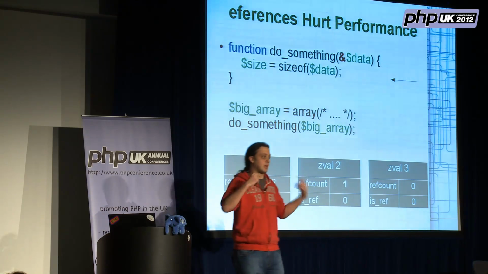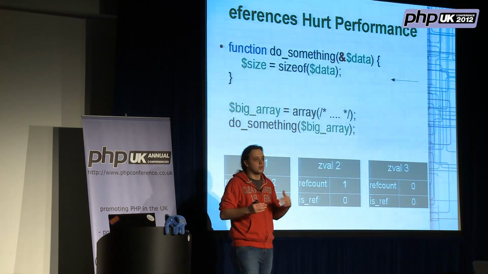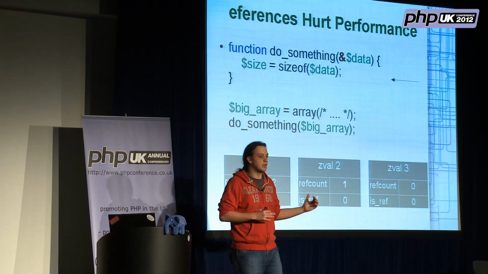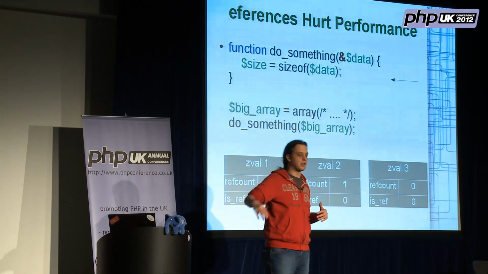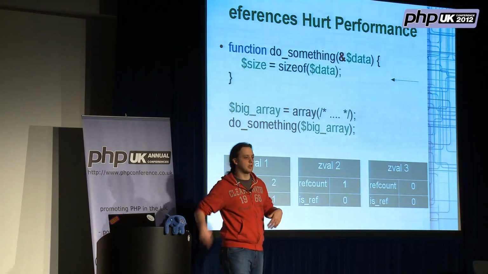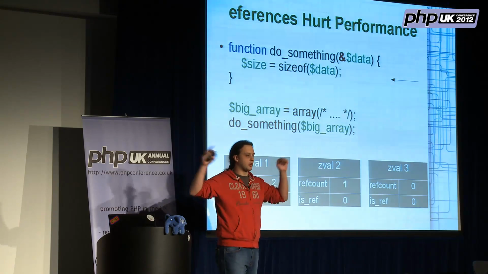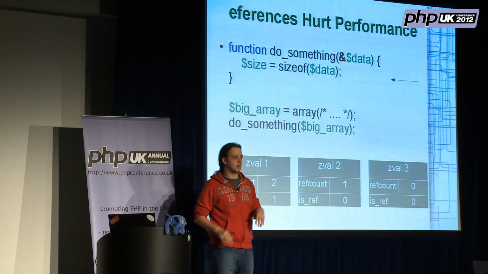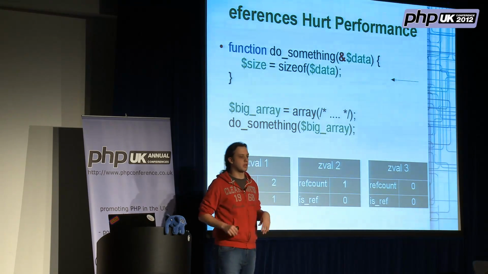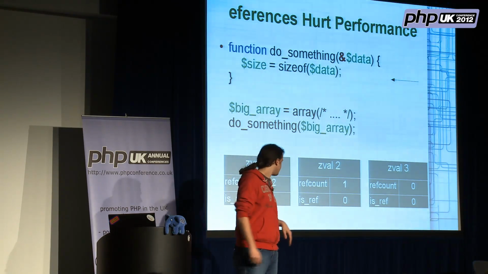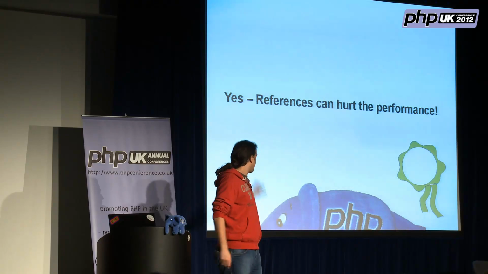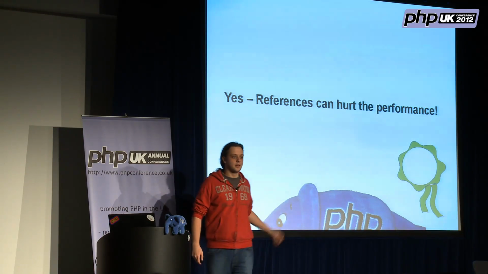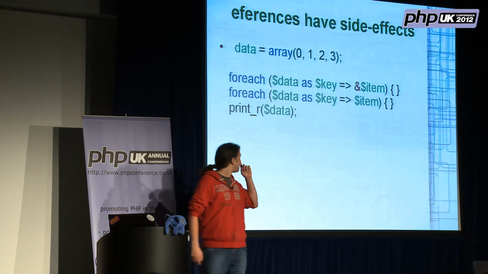So it's good not to try to be smarter than PHP, but simply do the assignment if you want an assignment, do a copy if you want a copy, and PHP will figure out in at least most of the cases what's really to do. So just to keep it again, references hurt performance.